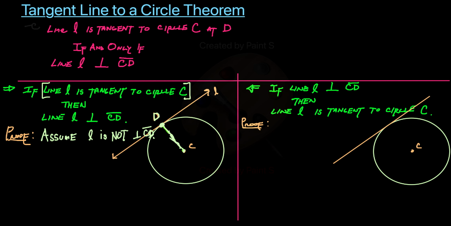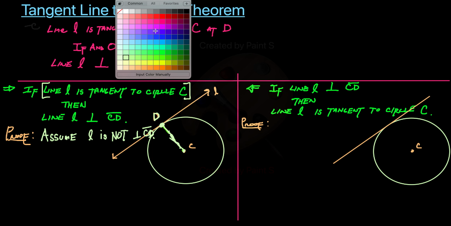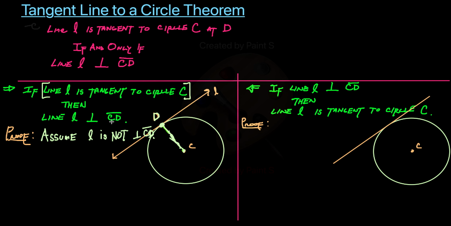So if we're assuming that CD is not perpendicular to L, there has to be some other point M where the line joining C and M is perpendicular. So then that forms your right angle.